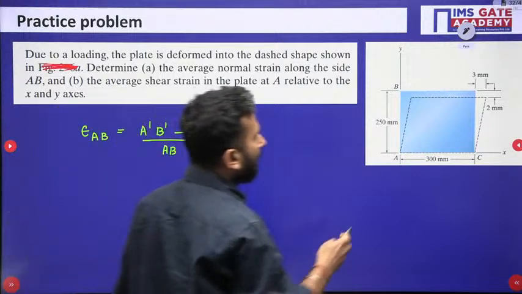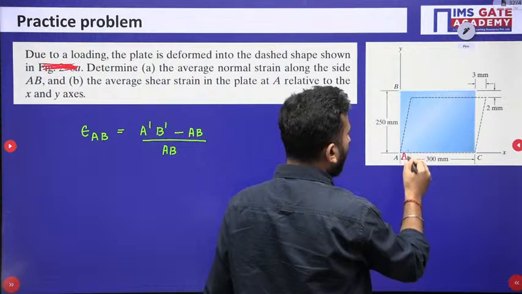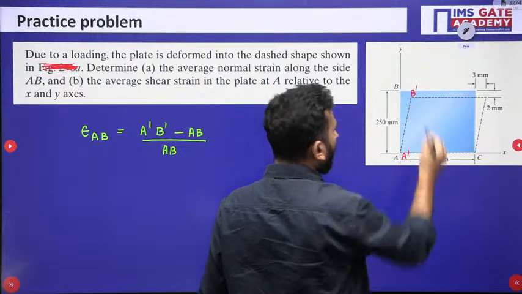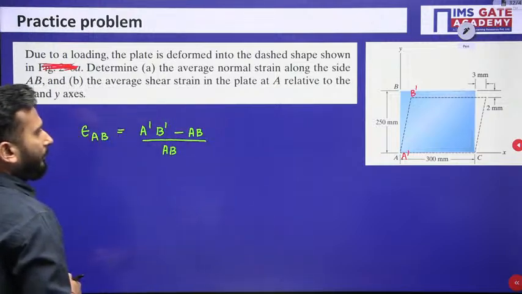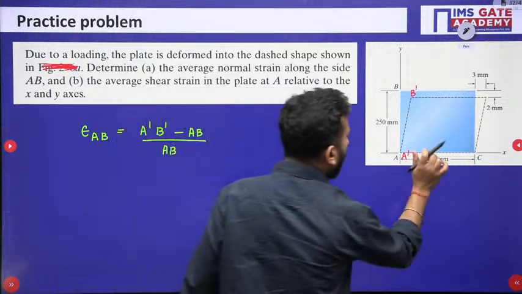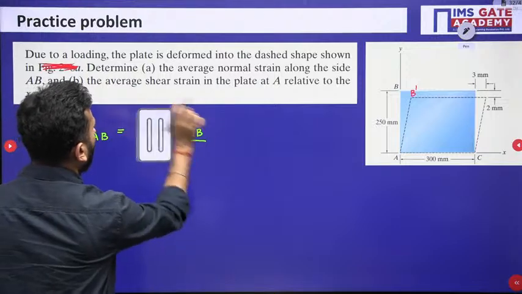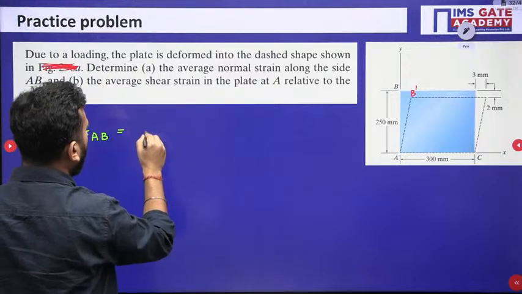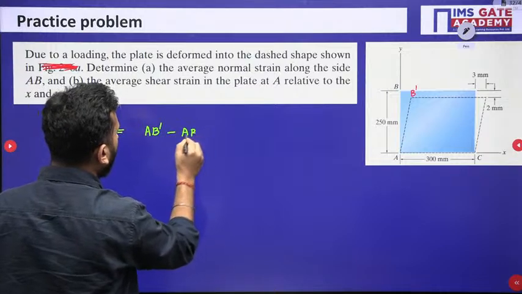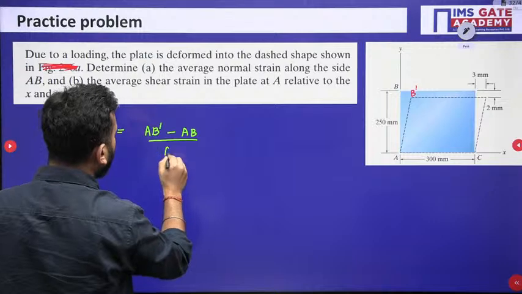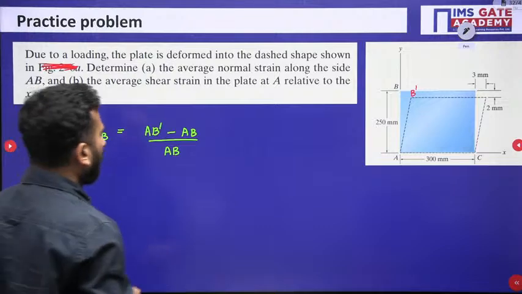The original length is AB, and the final length is A dash B dash, where A and A dash are the same, so you can ignore A dash. So I should write AB dash minus AB, divided by AB. AB you know, but first we have to calculate the dimensions of AB dash.